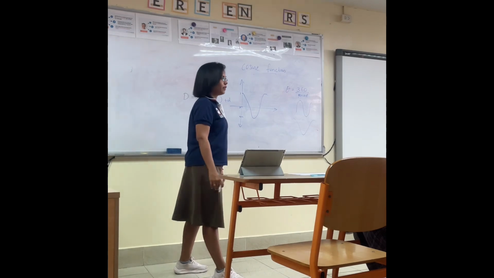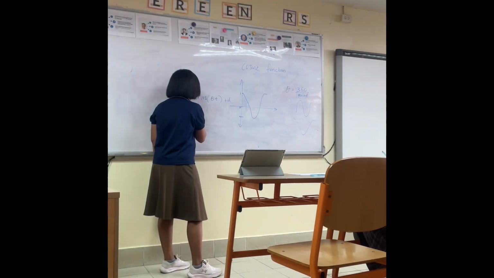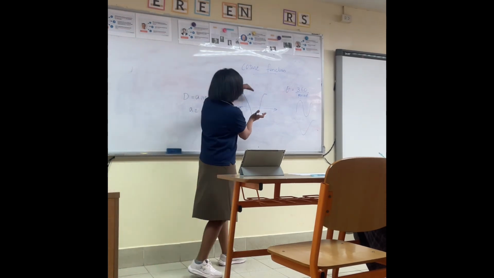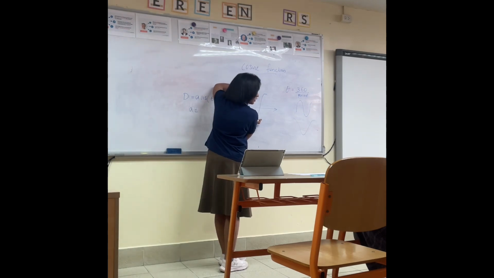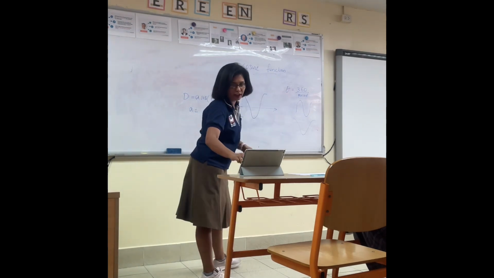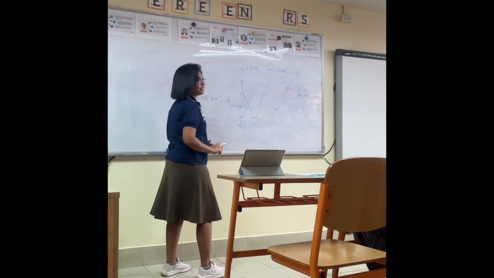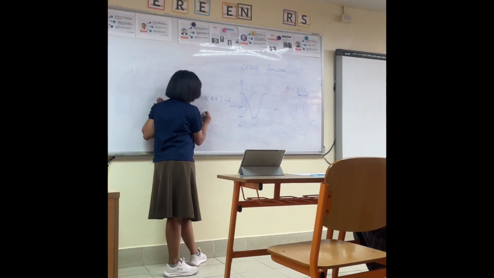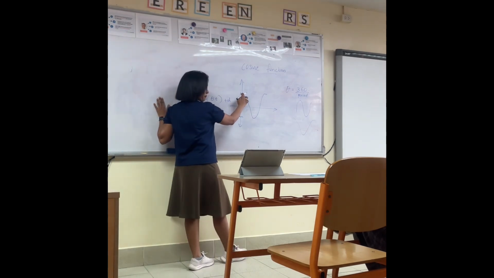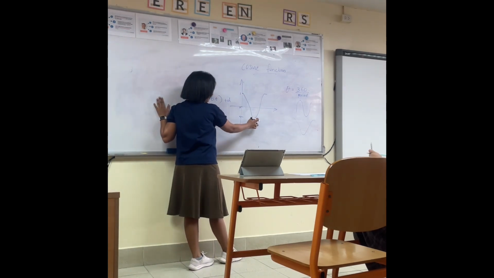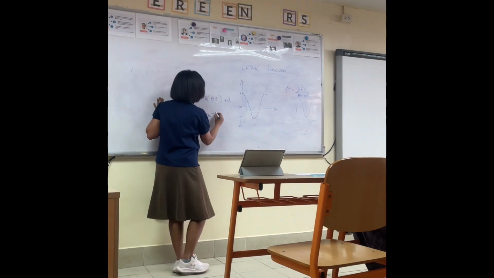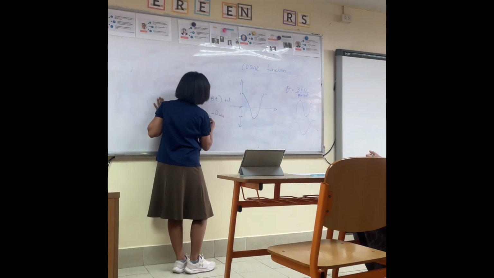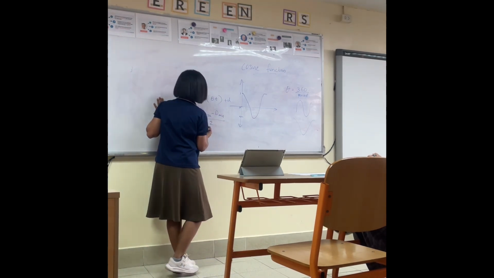Okay, what is the meaning of a? Amplitude, this much length. Only one cycle you need to consider. What is the common formula for A? The same thing. D max minus D minimum, where the maximum is and the minimum is down, divided by 2.